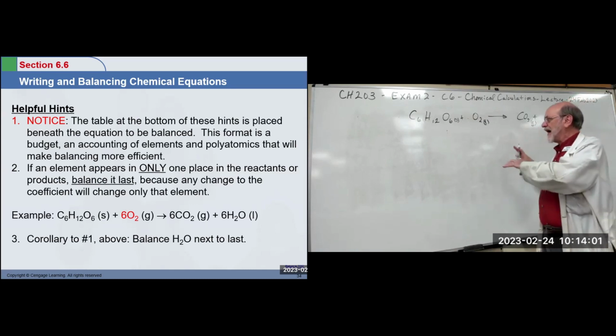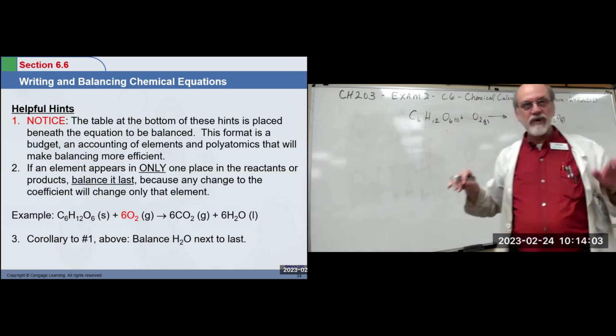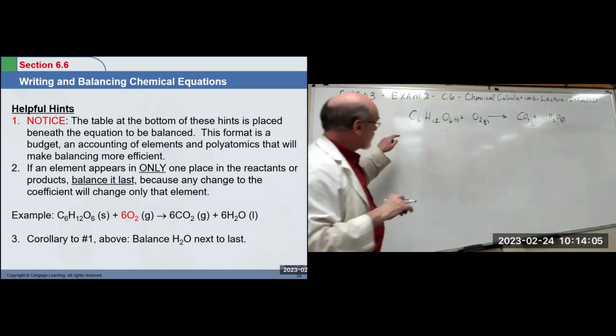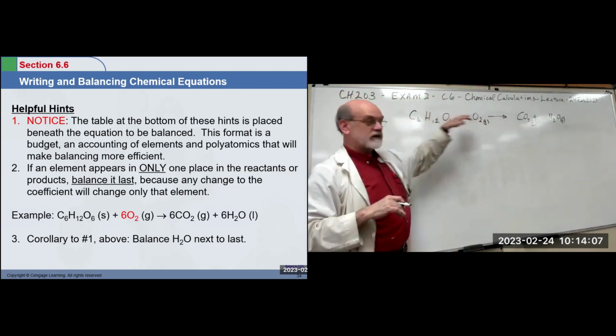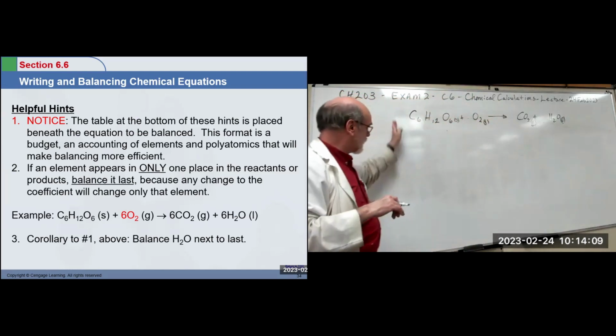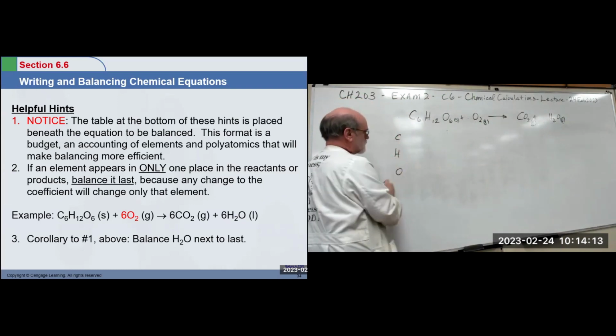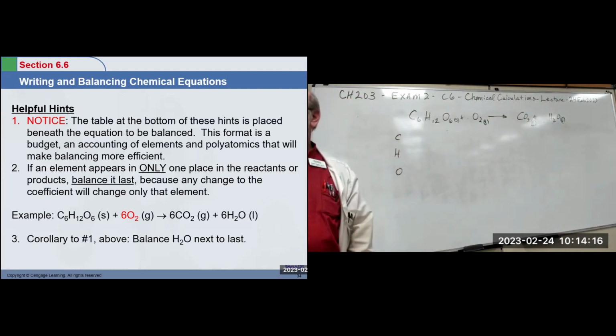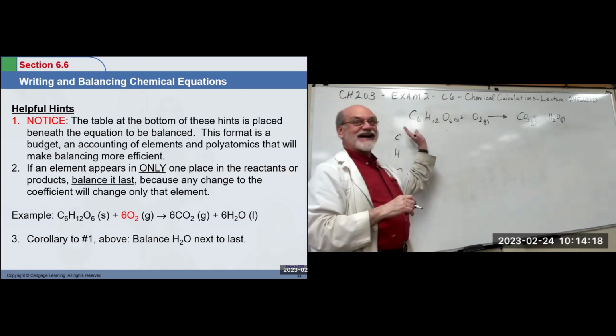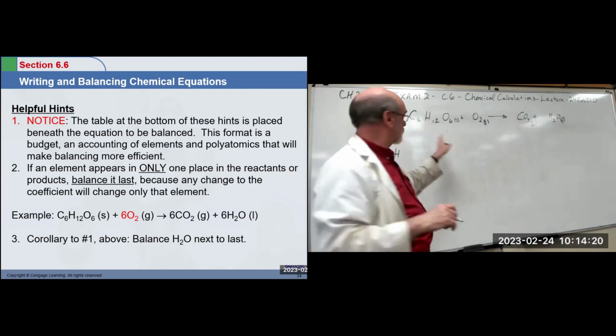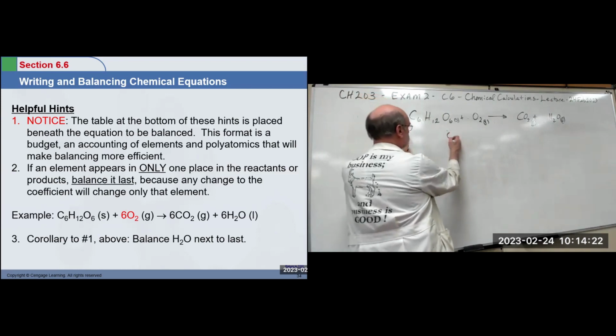Okay. To balance an equation like this, my budgeting method says that you take each one of the elements in that equation and you set it up down the side here. So we've got carbon, hydrogen, and oxygen. How many do you have on this side? This is your starting point. We have 6 carbons here.